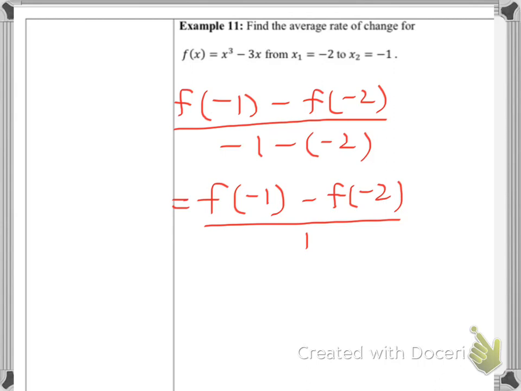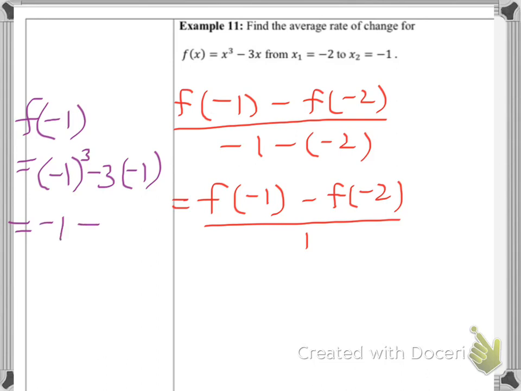All right, so we go over to the left-hand side of our notes. F of negative 1. Negative 1 is my input, so I would always use parentheses. You can use parentheses anytime, but especially when you have negative values because it's very easy to miss a negative. All right, so that's negative 1 cubed minus 3 times negative 1, so that's negative 1 plus 3, so that's a positive 2.